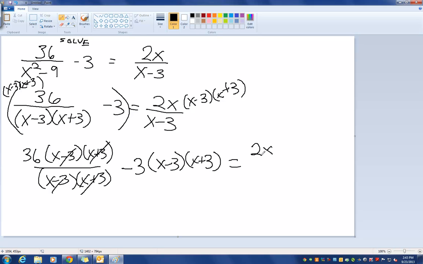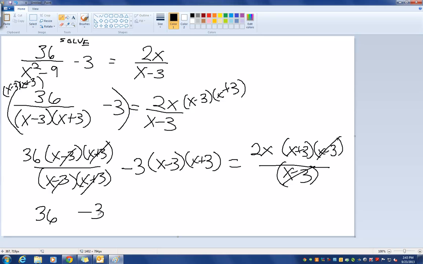Over here, this becomes 2x times (x plus 3)(x minus 3) over x minus 3. And in this fraction, the x minus 3's are a common factor, so they'll cancel. So what we are left with is 36 minus 3, and multiply these two together, you have x squared minus 9, equals 2x times x plus 3.